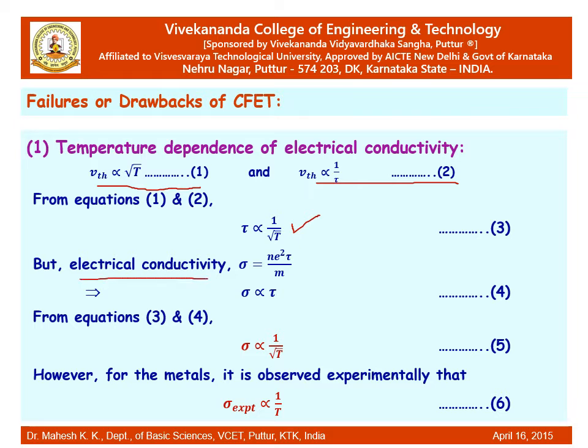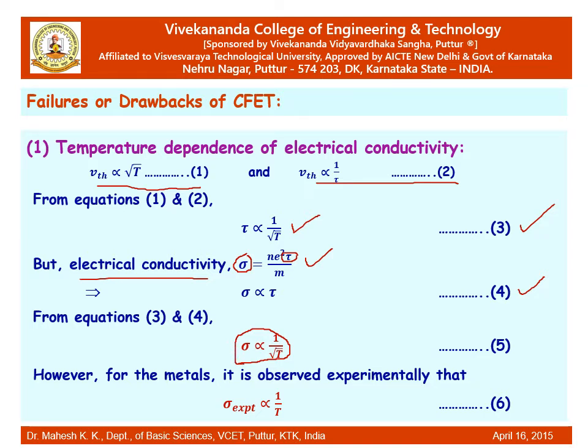Electrical conductivity sigma is equal to N e squared tau by m, so sigma is directly proportional to tau, which is equation 4. Comparing equations 3 and 4, you could see that sigma is inversely proportional to the root of T.